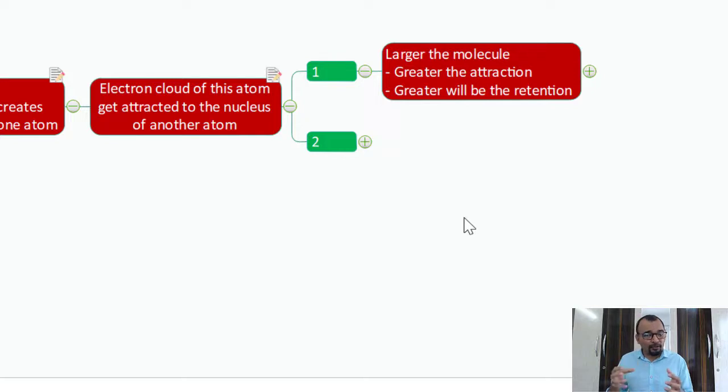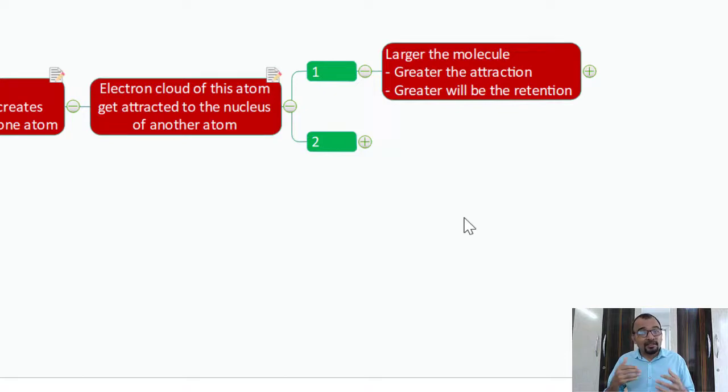So the greater molecule will have more attraction towards the stationary phase than the other molecule, right? And as the greater molecule has the greater amount of attraction, that molecule is going to stay for a longer time onto the stationary phase.